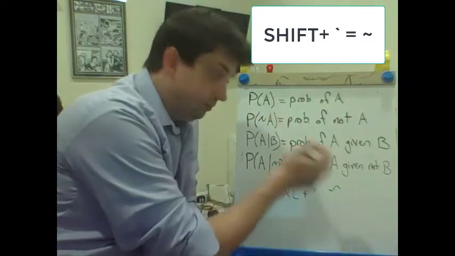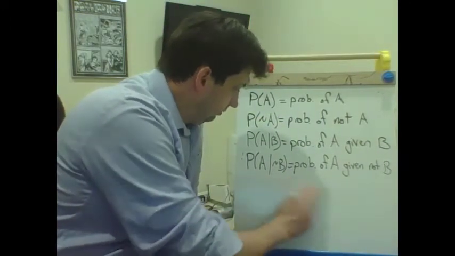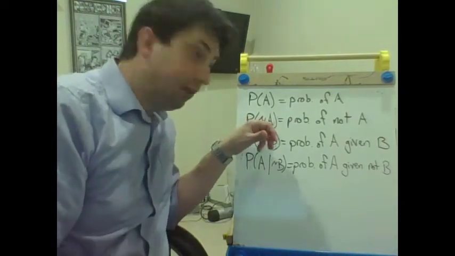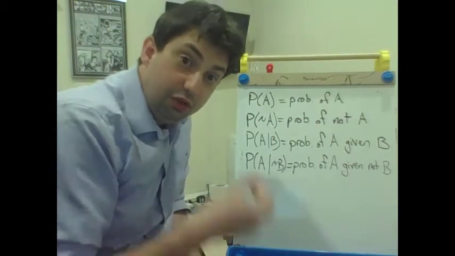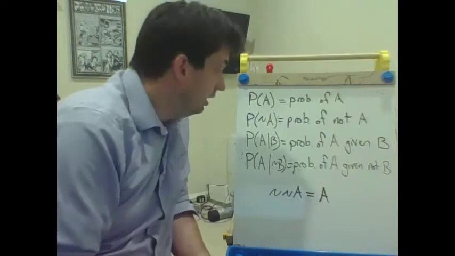That's this symbol right here, tilde. This tilde means not A, so the probability of not A. If you have two tildes together, not not A, that's just the same thing as A.